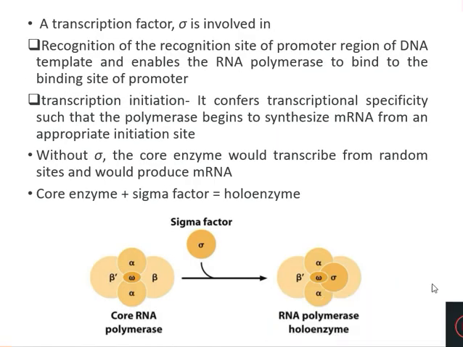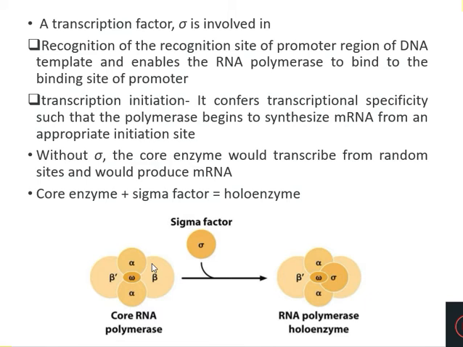Now, in addition to the RNA polymerase, there are some protein factors which are also involved in mediating the transcription process. They are generally called transcription factors, and these are needed for the stable binding of the RNA polymerase enzyme with the template strand of DNA, for initiation of transcription at the correct codon, and also for the final release of RNA polymerase and the RNA transcript from the template strand.